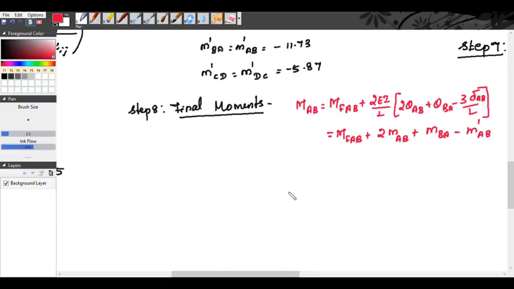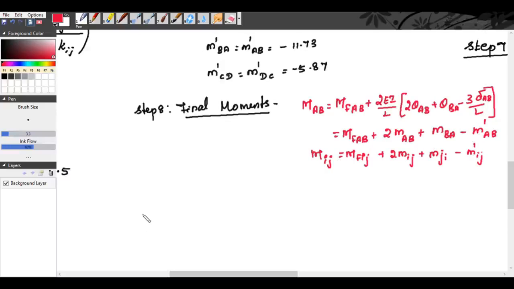Now, we will open up a tabular column. In general, you can write this as Mij is equal to MFij plus 2Mij plus Mji minus M dash of ij.